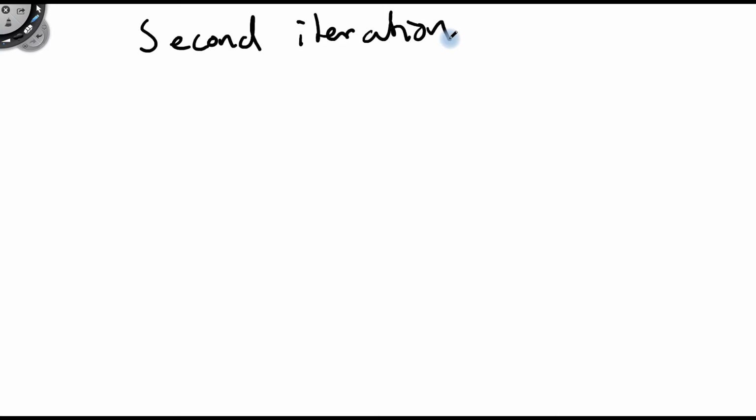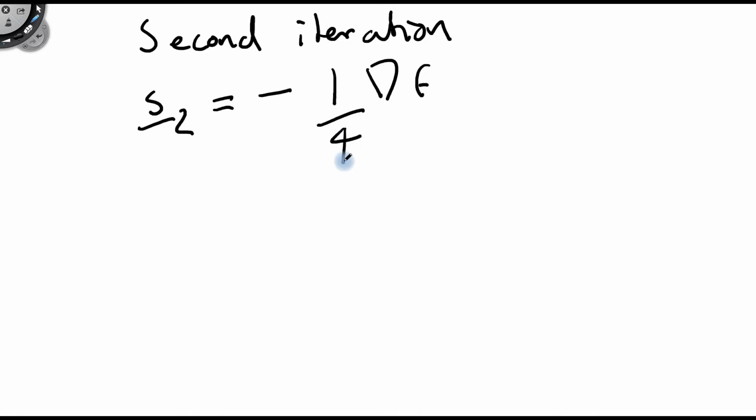What we're going to do is construct our second search direction. S was for search direction, and remember it's in the negative grad f direction. It's down the gradient of the function, but you have the freedom to scale it by whatever you want. In this case, 4 turns out to be a good value, and this grad function is evaluated at x2.